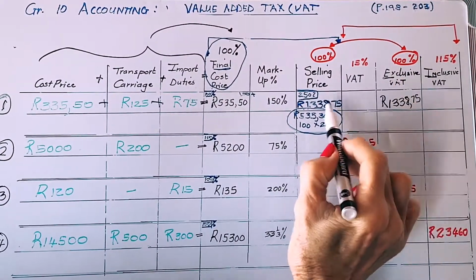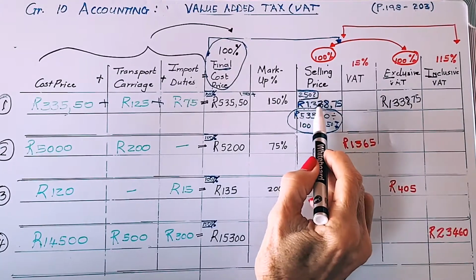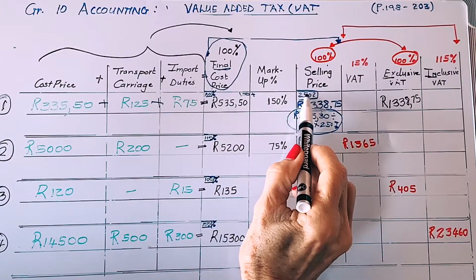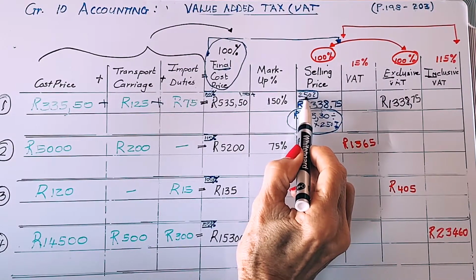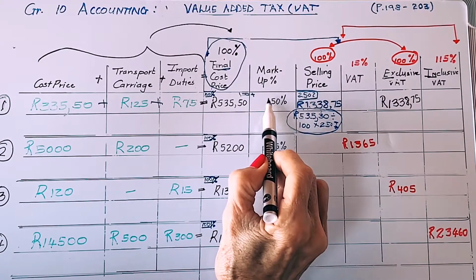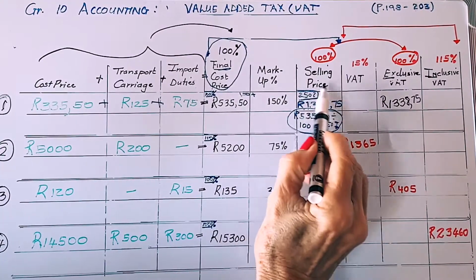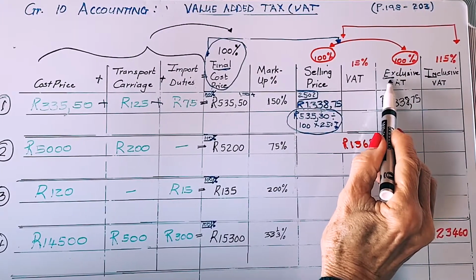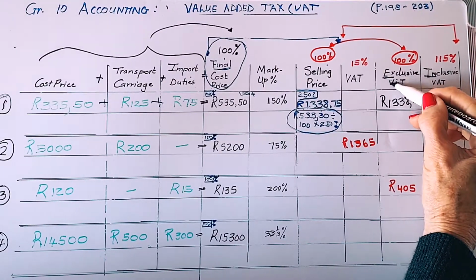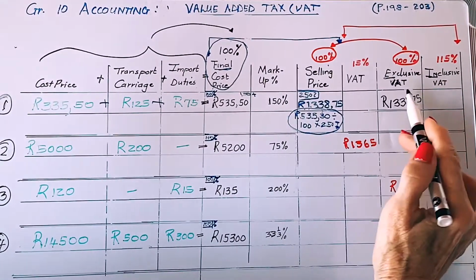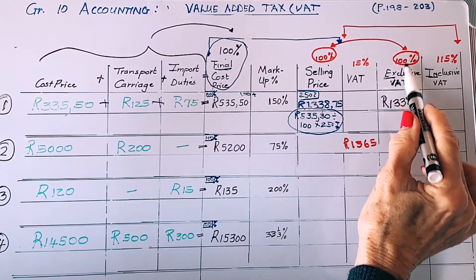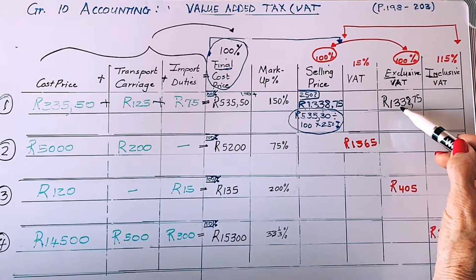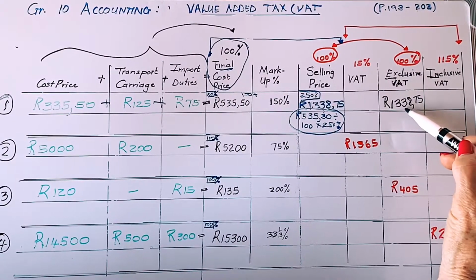Now, when we calculated the selling price from the cost price, the percentage value of the selling price was 250. That was determined by my markup. But when I change the selling price to another title, called the exclusive VAT amount, this changes again to the value of 100, because this becomes my starting point if I want to work out my VAT amount.